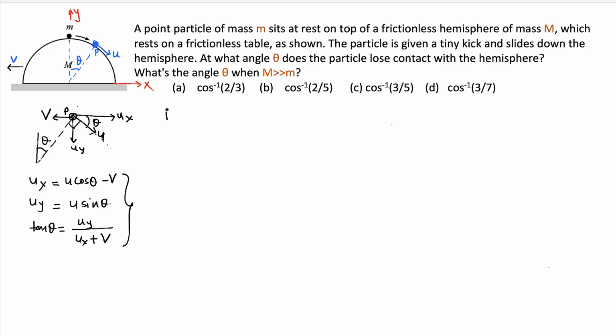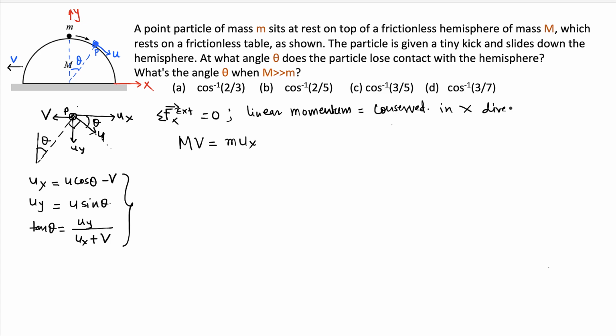Since the overall force in the x direction, all external force, is 0, therefore linear momentum is conserved. Okay, it means that M times v is equal to m times ux, because we need to take the horizontal velocity here. The linear momentum is conserved in the x direction, right?